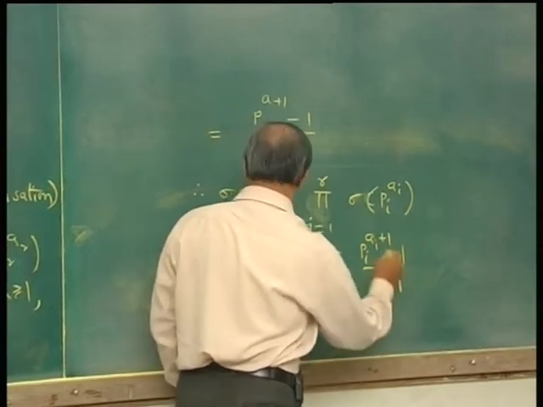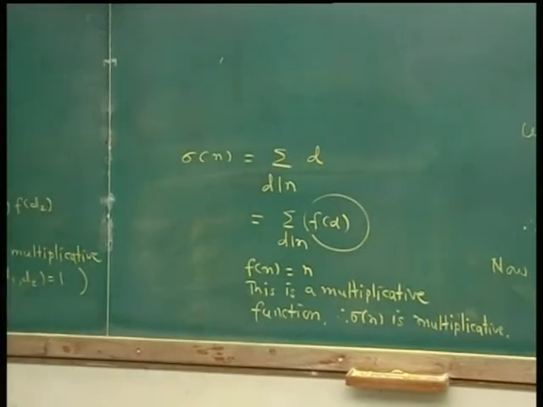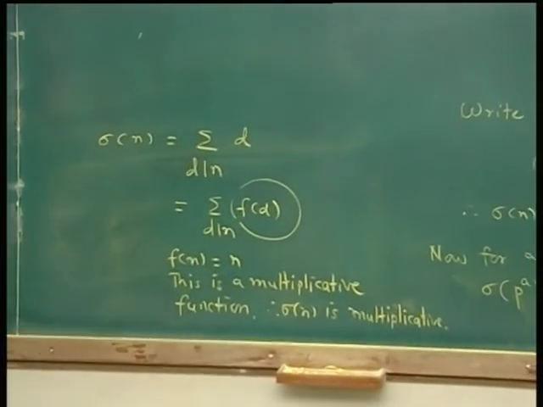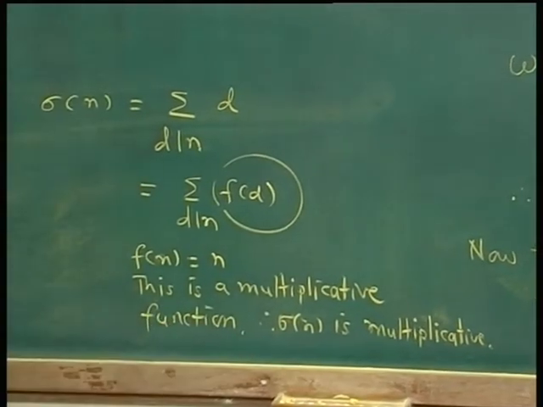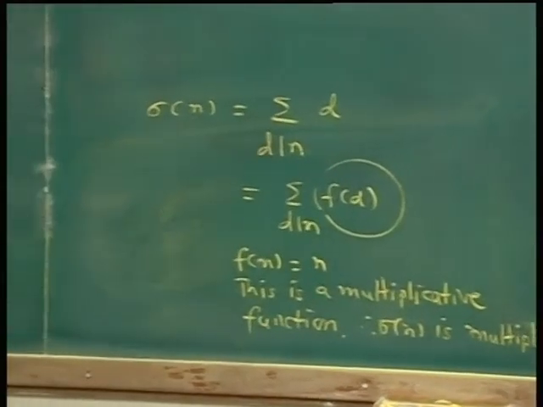pi minus 1. Okay, in this fashion we can also get sigma k of n, which is the sum of kth powers of divisors of n.